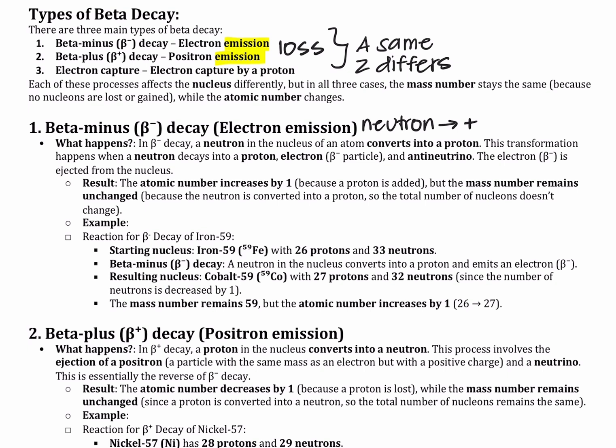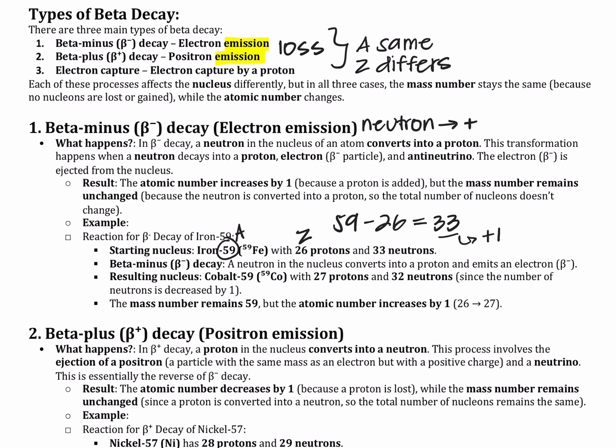So let's say our starting nucleus is iron 59. 59 is our mass number, by the way. There's 26 protons, which signifies our atomic number. 59 minus 26 is 33. And that's our neutrons. We have 33 neutrons. However, one of them decided to be a proton.